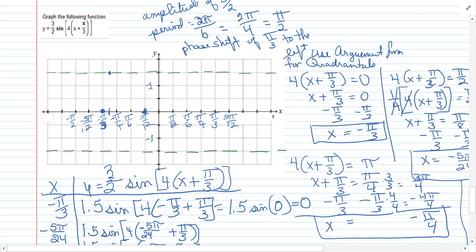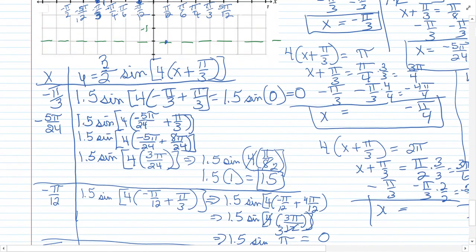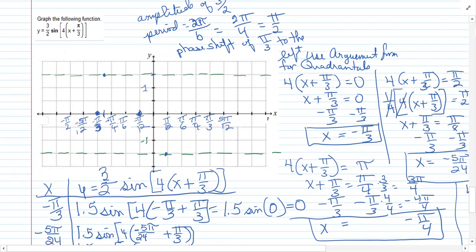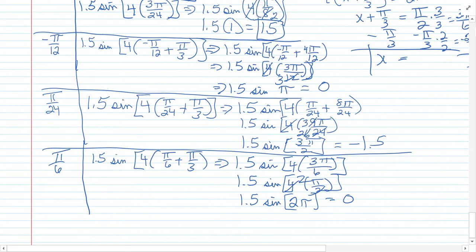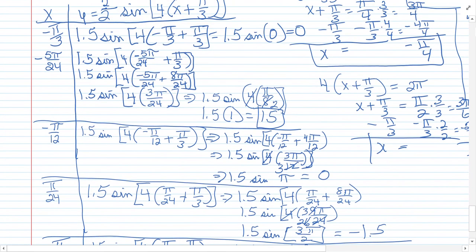And at negative pi 12ths, I would get a negative. And then I would go with, what was the negative? 5 pi 12ths, pi 6, and I would get the 0. And then on the last one, that's the end.